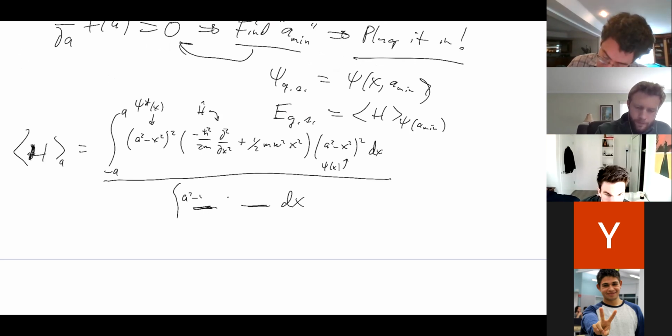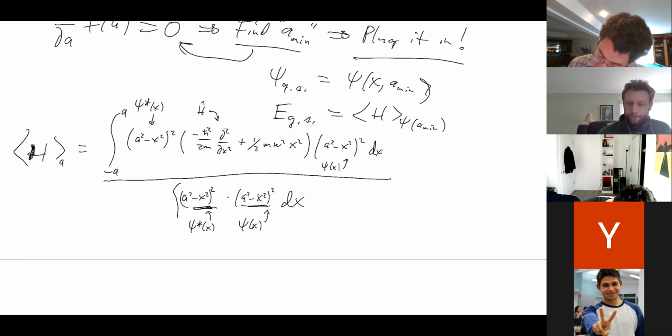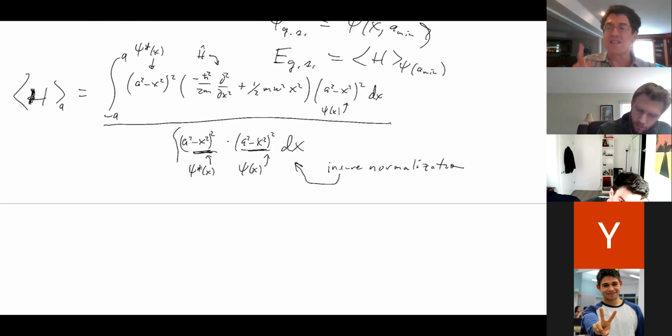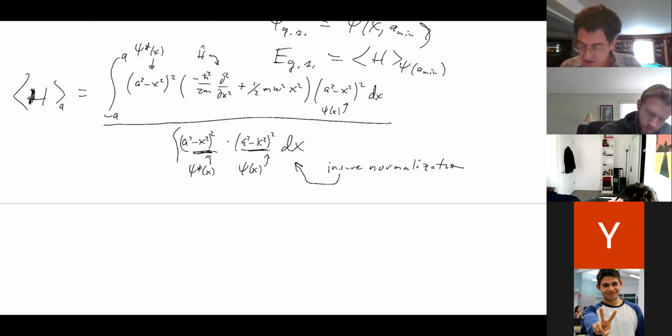A squared minus x squared squared times a squared minus x squared squared, psi star of x times psi of x. This is to ensure normalization. If that does not make sense to you, go think about it for a while, and you'll see that this will in fact ensure normalization. Okay, so that is the expectation value for the normalized wave function.